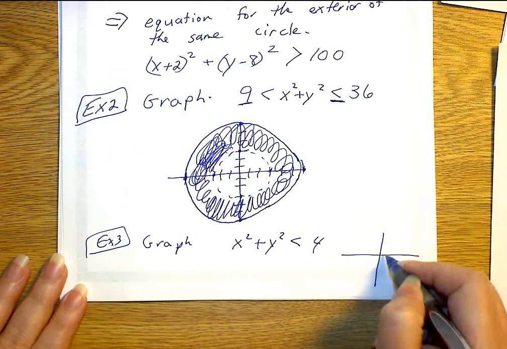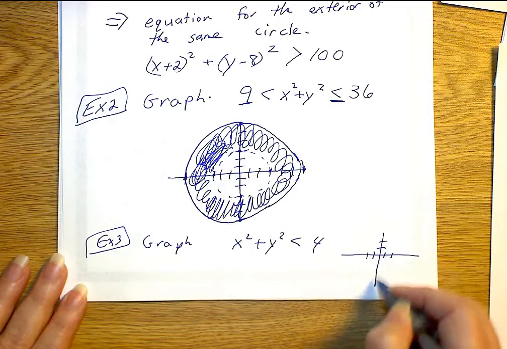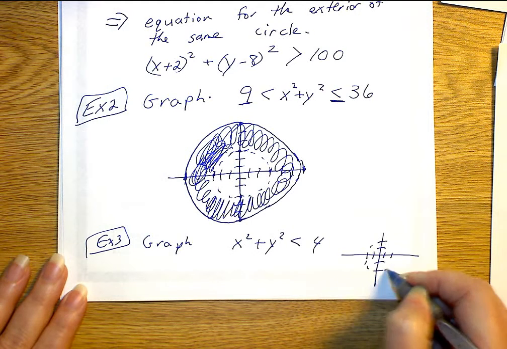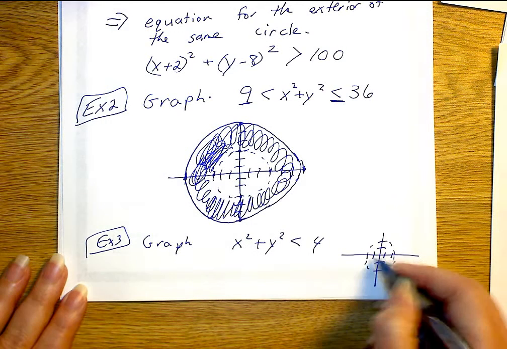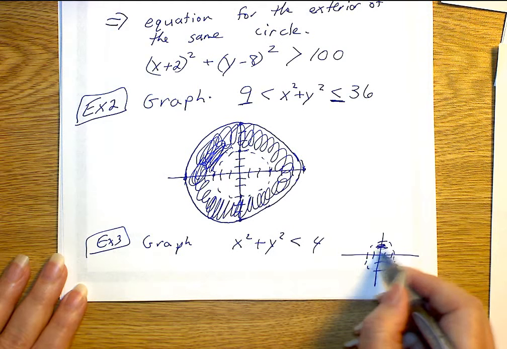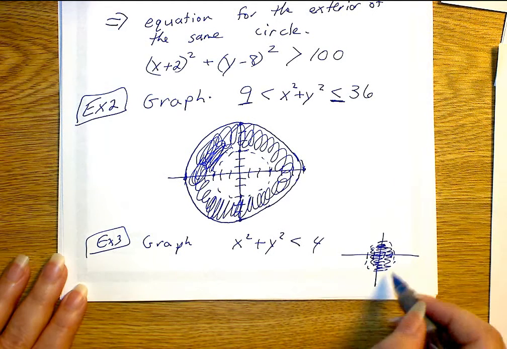Is it a solid or dotted line for my circle? Dotted. And is it inside or outside that circle when it's less than 4? Inside. All right, very good.